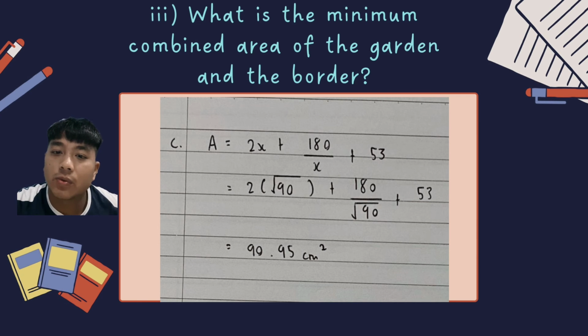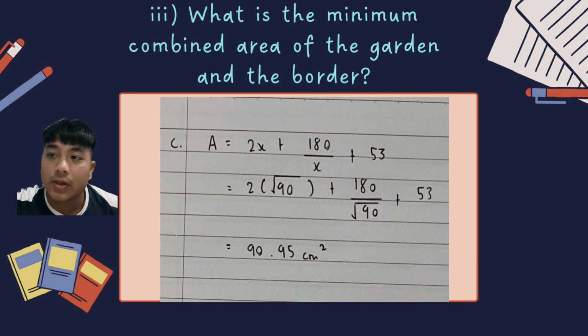Today I want to discuss a math question. The question is, what is the minimum combined area of the garden and the border? Which is A equal to 2x plus 180 per x plus 53. So we substitute x with square root 90.